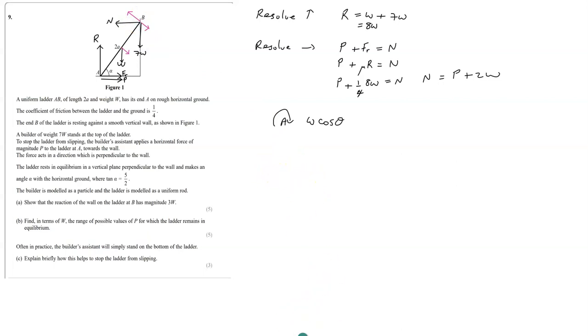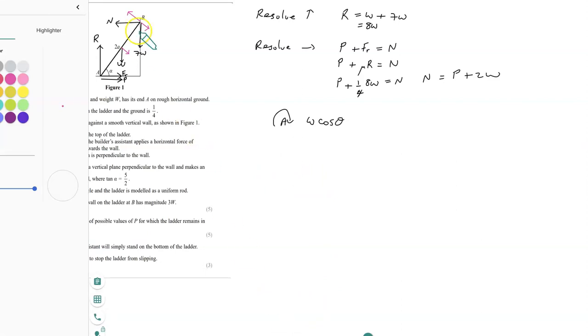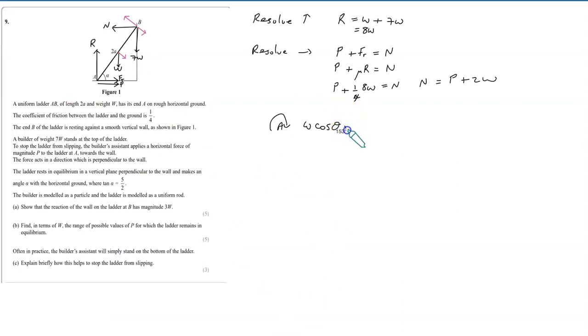So we're going to times that by a, the distance. So it's force times distance, plus the force of the builder, which is 7W. Resolving that perpendicular to the ladder will give us 7W cos alpha. That's actually alpha in there. Times 2a, because that's the distance, equals N sin alpha.